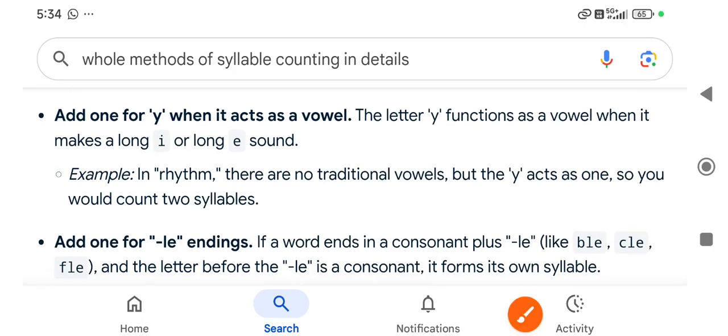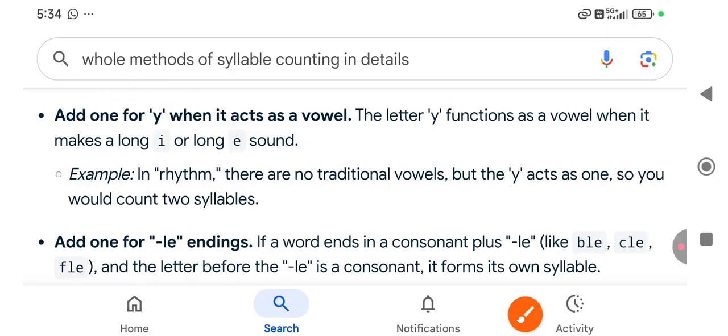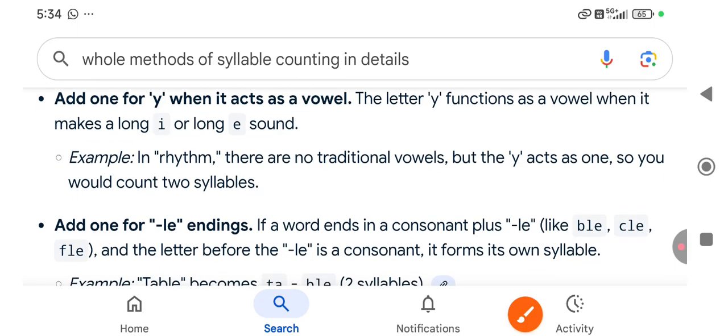Now the next method is to add one for Y. When Y acts as a vowel, we should count Y as a single vowel.